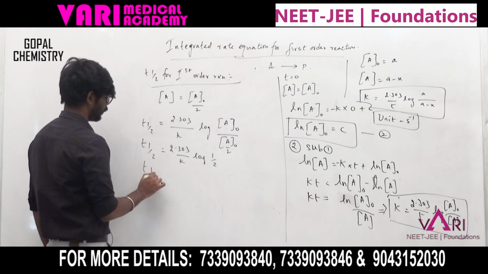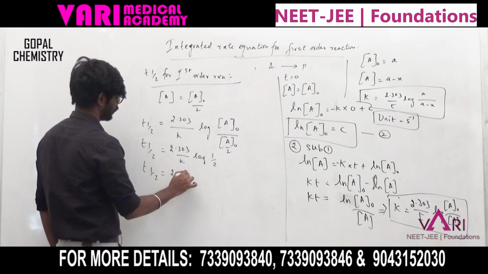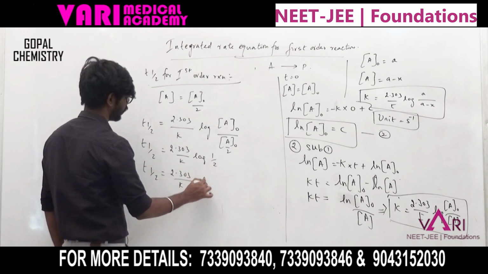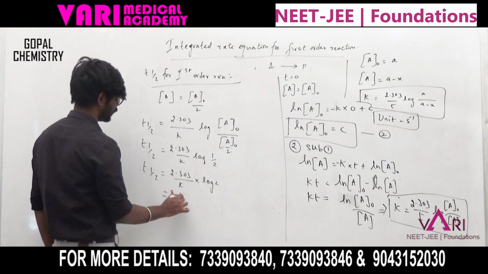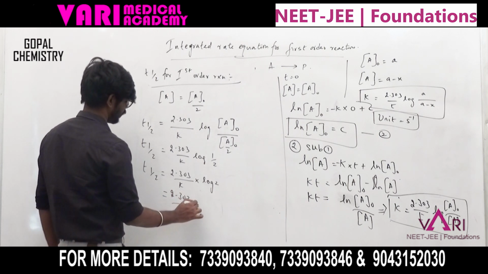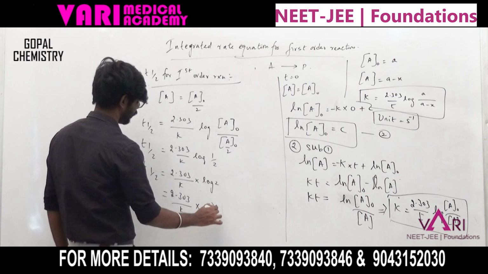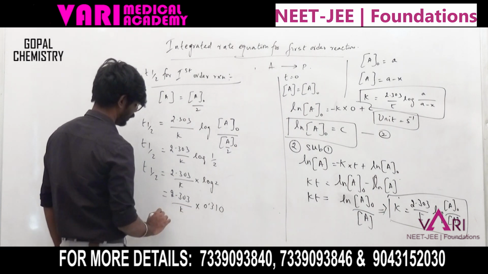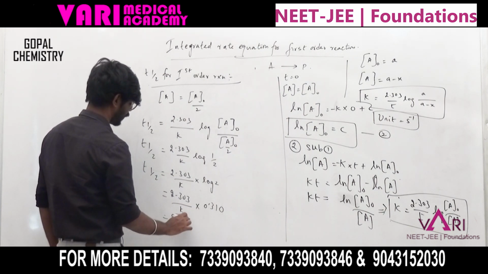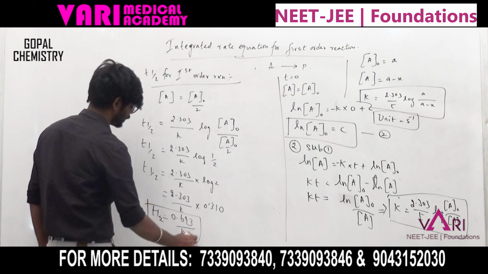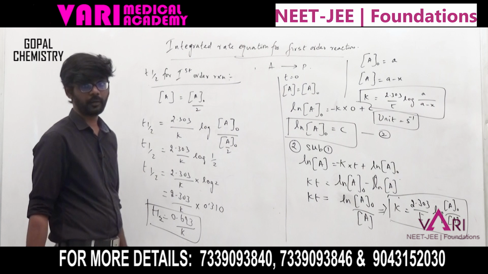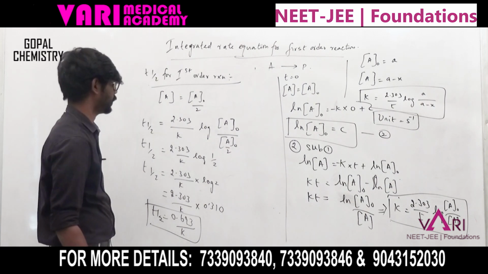So t half equals 2.303 divided by k into log 2. The value of log 2 is 0.301, so we get 0.693 by k. This is the t half value for first order reaction.